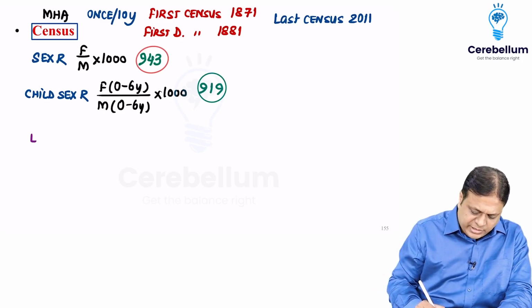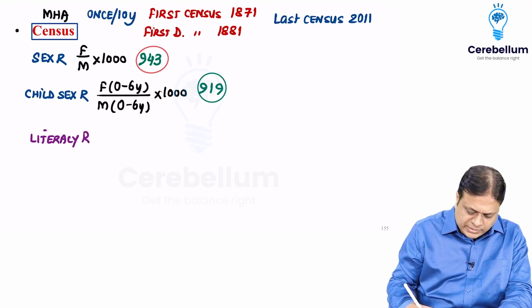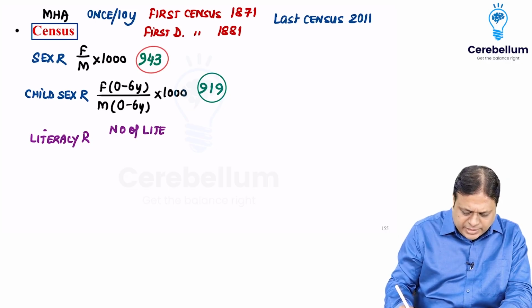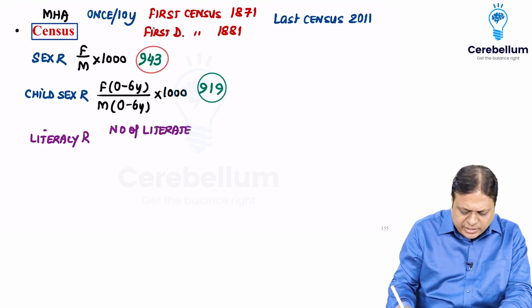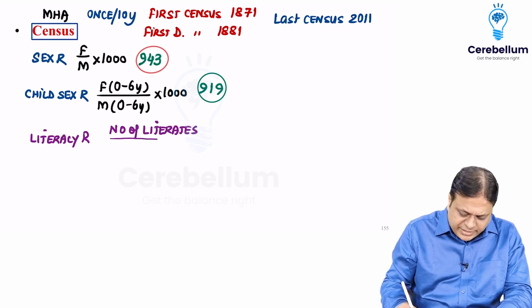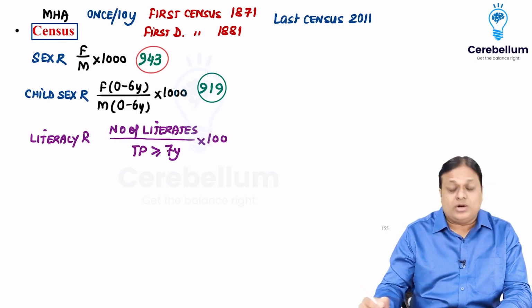When we look at literacy rate in our country, literacy rate is number of literates. Literate means who can read, write and understand any one language of our country, divided by total population aged 7 years and above into 100.